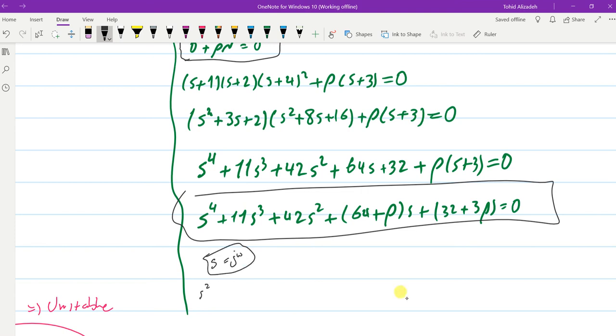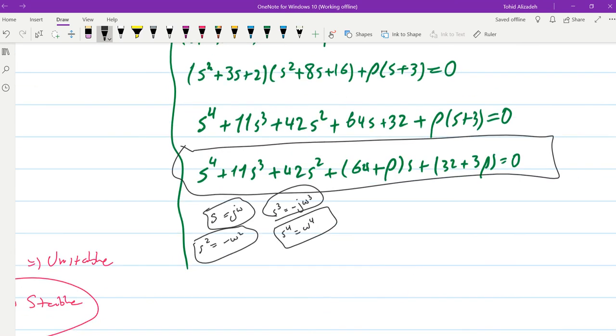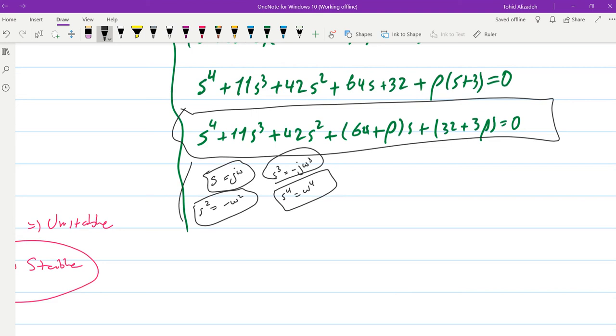So we can form s squared, which will be equal to minus omega squared, s to the power of 3, which will be equal to minus j omega to the power of 3, and s to the power of 4, which will be equal to omega to the power of 4. Then if we replace all this into the fourth order polynomial that we have over there, we can rewrite that equation in this form.